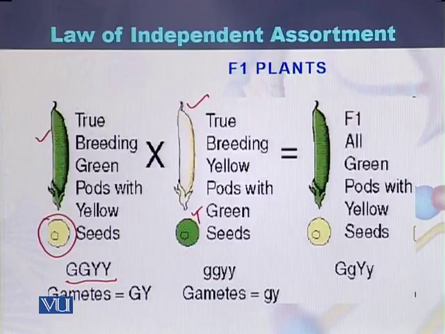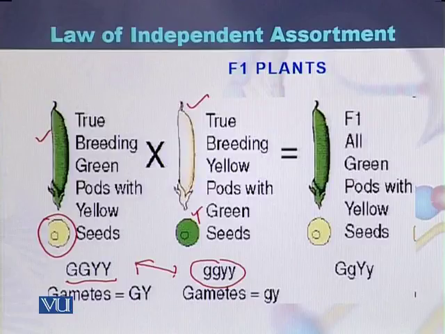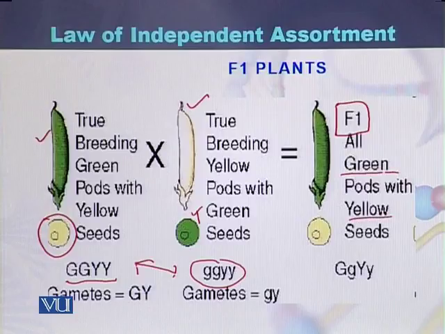In this case, the gametes were small g and small y. As a result of cross-pollination between these two plants, all the offspring produced as the F1 generation were producing green pods as well as yellow seeds, but they were heterozygous.